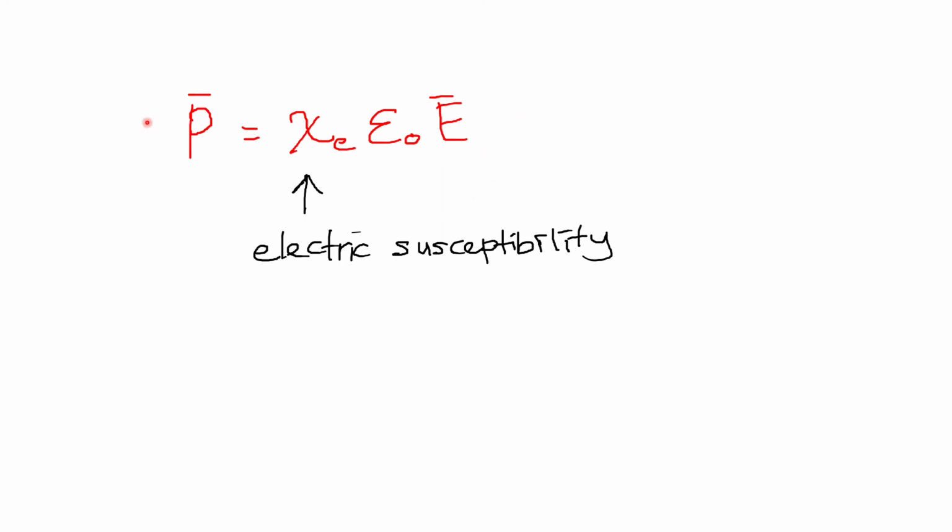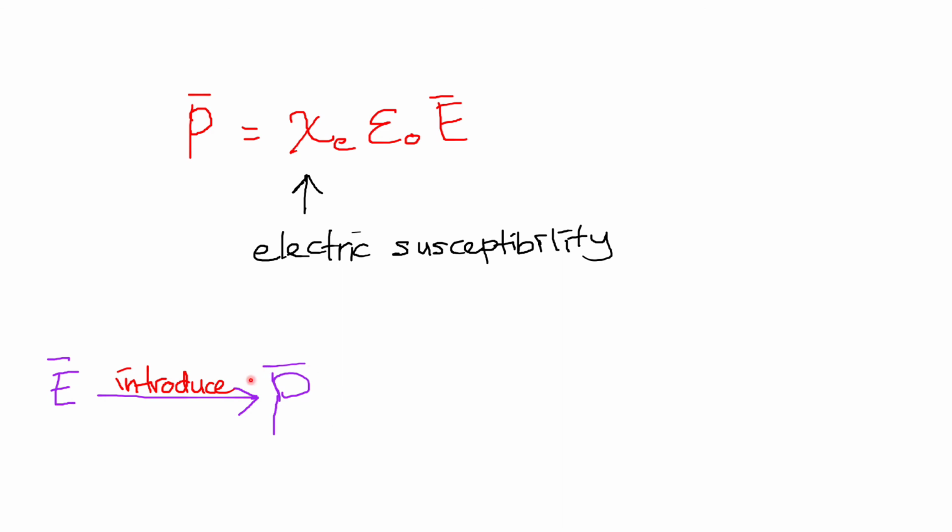From this, I can conclude that when E is introduced to the dielectric, this E will introduce a new vector in that dielectric, where that vector is the polarization vector.